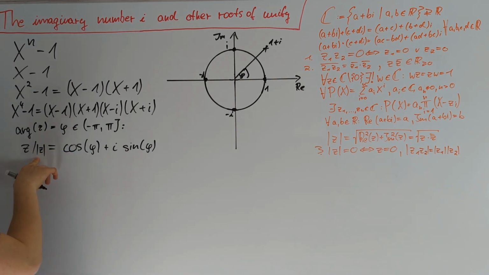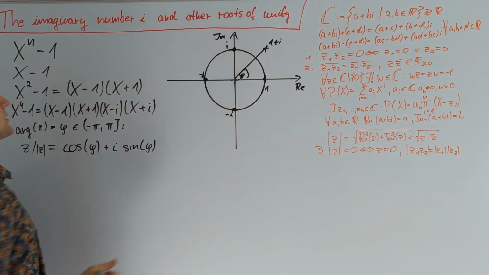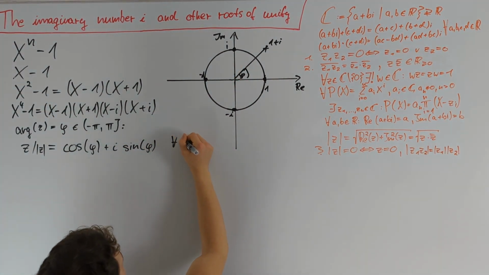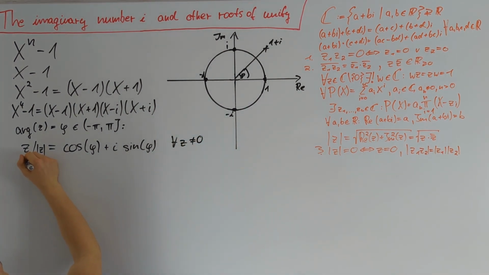Note that this doesn't work for z equal to 0, and it really makes sense that we cannot define such an angle for z equal to 0, so here we write z not equal to 0, and for convenience define arg 0 to be equal to 0.